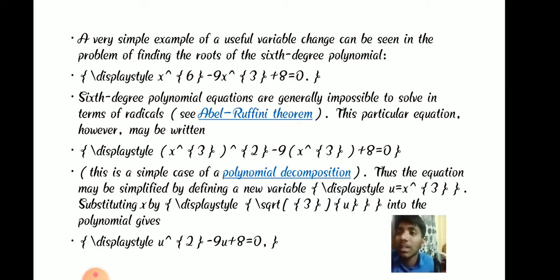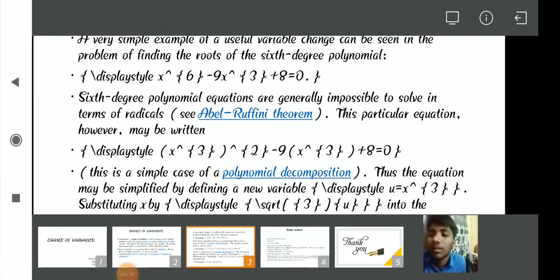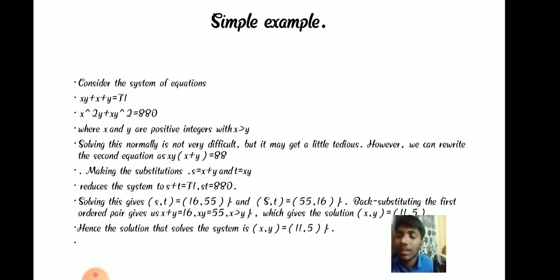Then taking x cube as u, it simplifies to u square minus 9u plus 8. See how the sixth degree equation is changed to second degree. This is the main thing we need to understand. We can reduce the given polynomial and then proceed further.